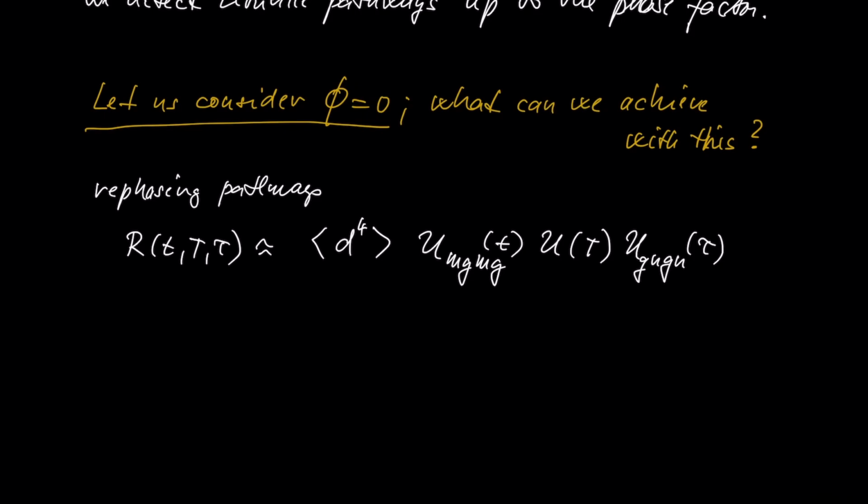So first of all, this is the definition of the pathways. We don't detect that, we detect something else. So we detect this thing Fourier transformed, and we detect the real part of it.